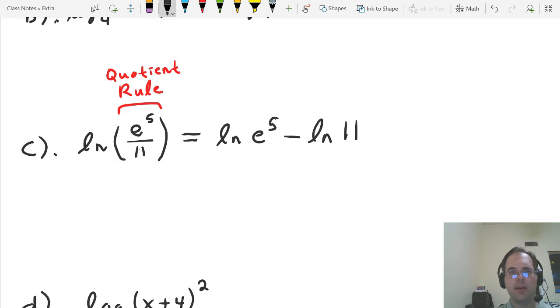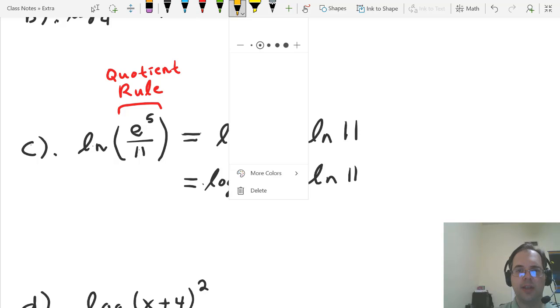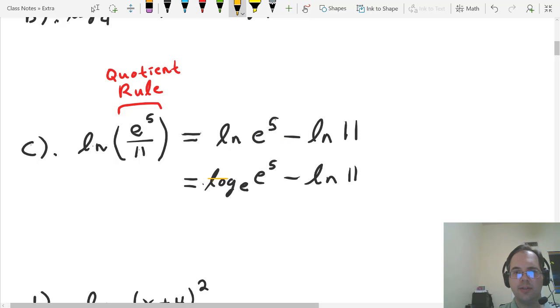Now, real quickly, you might notice this on some examples. ln and e kind of go together. And in fact, like I mentioned a second ago, the ln is just another way of writing log base e. Well, if you have log base e of e raised to the 5th power, then those cancel with each other, and you just have the 5 left over.